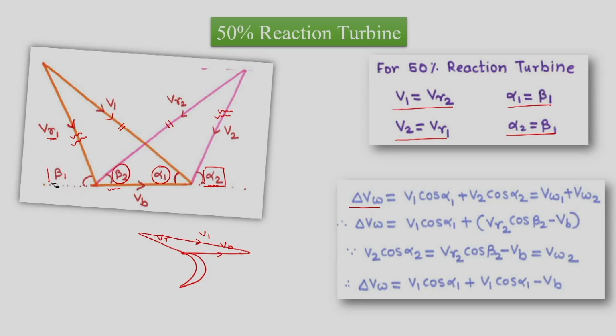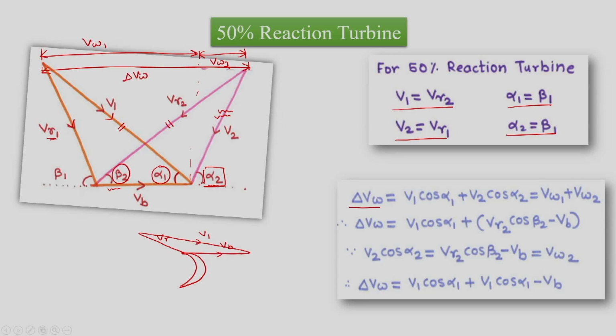We know that in the case of a reaction turbine, as well as an impulse turbine, the tangential velocity VW1 is this and the tangential velocity VW2 is this. So we have this complete distance as delta VW.